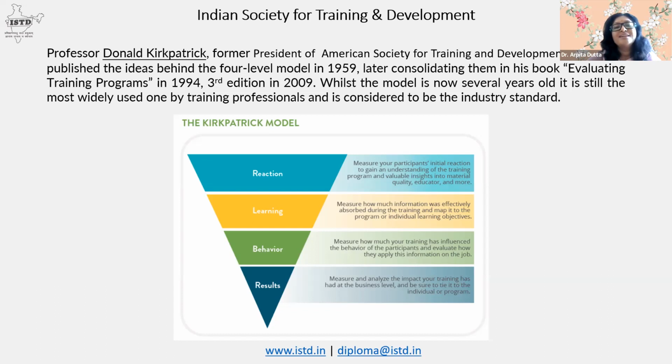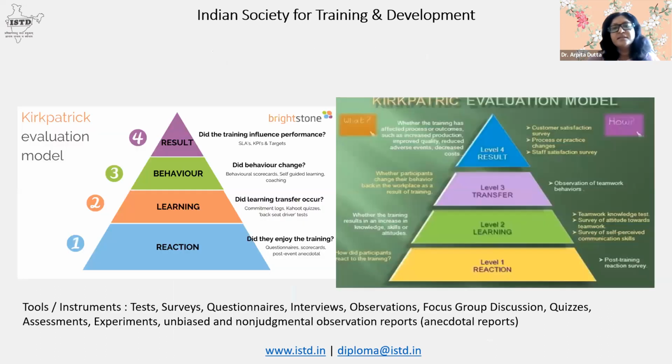Now, what it does is, we will see in this particular diagram. Okay, it's very self-explanatory, but let me just take you through this. So if I just want to understand the reaction phase, what it does. Okay, did the learner enjoy the training? Okay, and how will you find that?